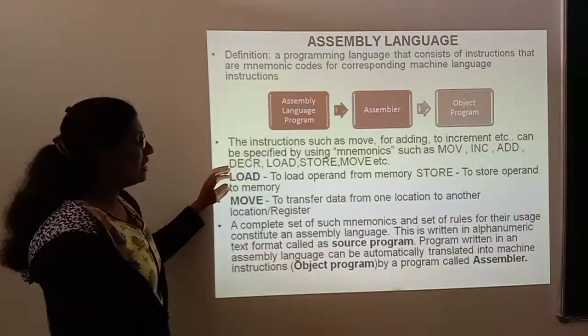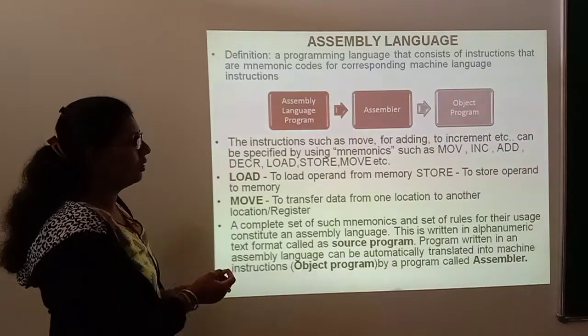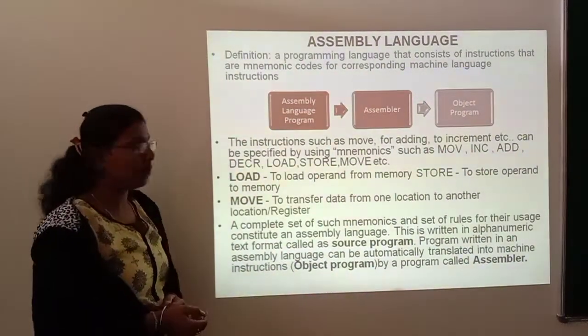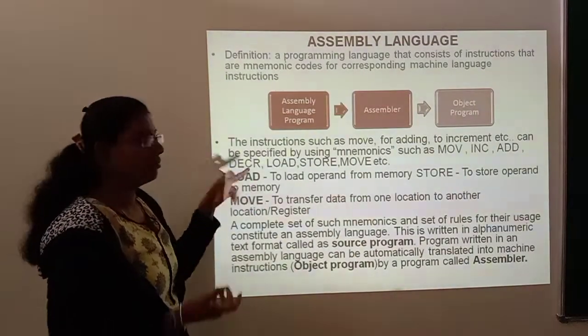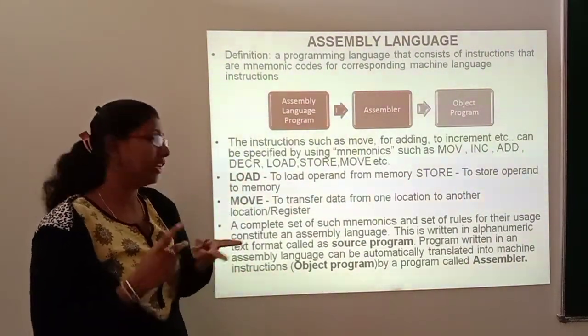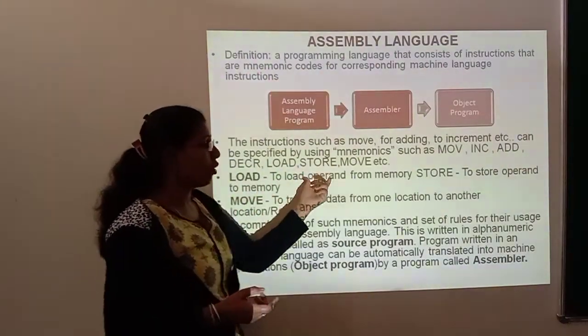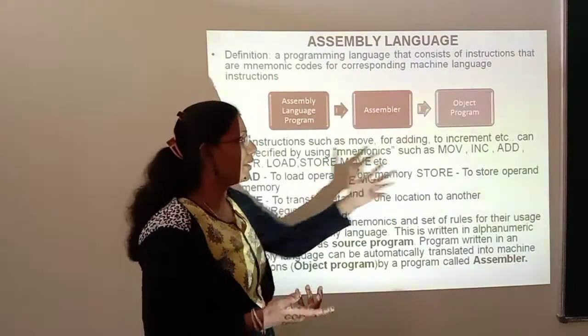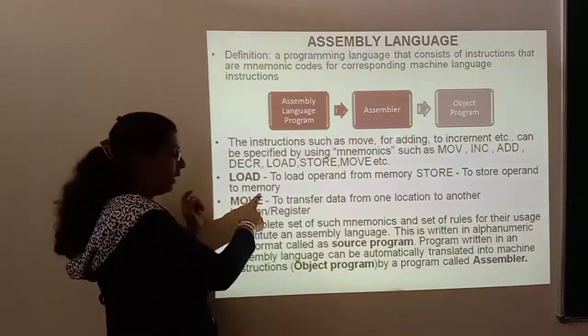Next, we will see some mnemonics. Load and store are operations we perform on memory, which we have already studied. Load loads an operand from memory, and store stores an operand to memory.